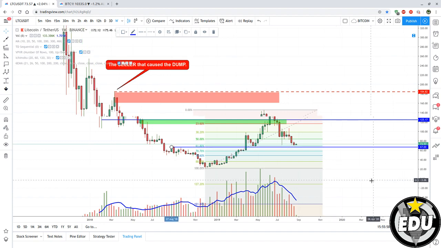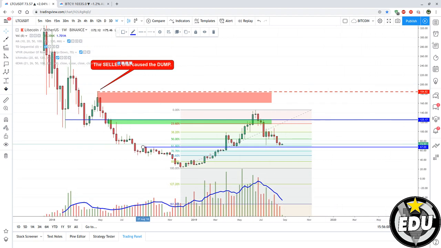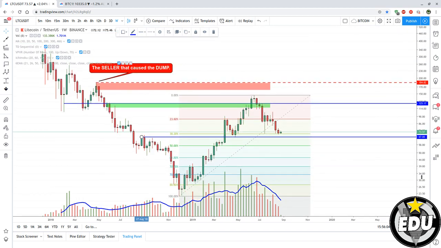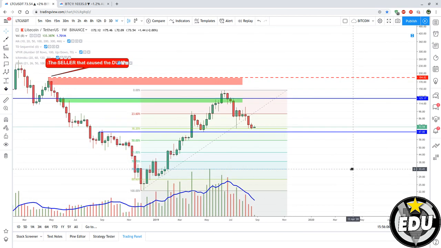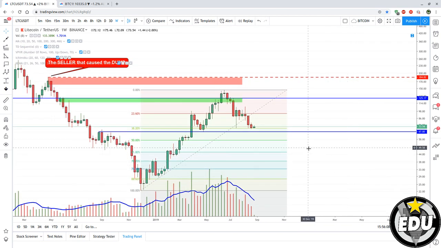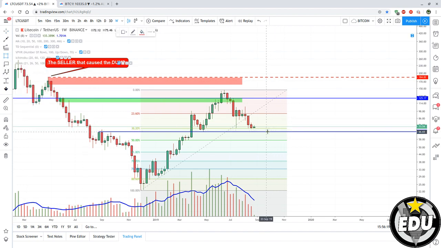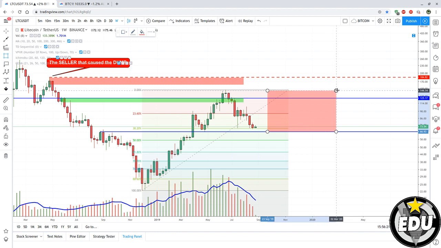So we retraced 61% based on linear, but just 38% based on logarithmic scale. And of course, it's not similar to Bitcoin, but I can trace the same idea when it comes to zones, like buyer's mode and seller mode, as I did on Bitcoin.